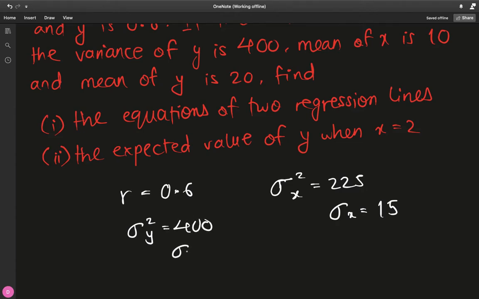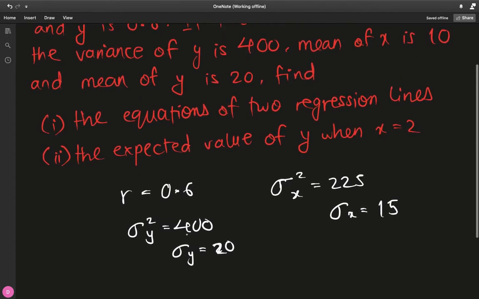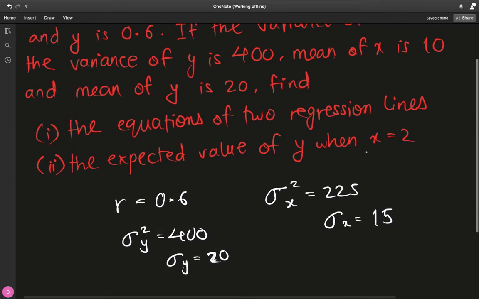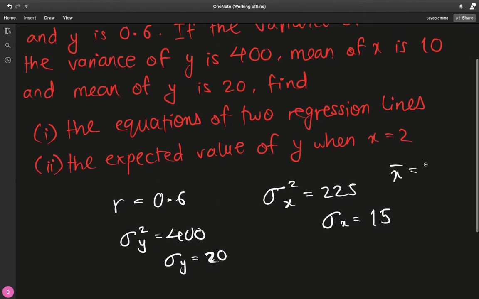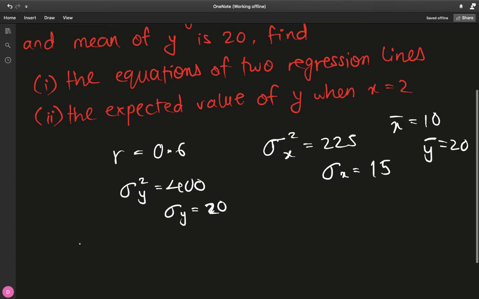So the standard deviation of y is nothing but 20. Okay, armed with this information now, wait, there's more. Mean of x bar is 10, and y bar, mean of y is 20. Now we're done. So let's actually do subpart 1. Find the equations of two regression lines.